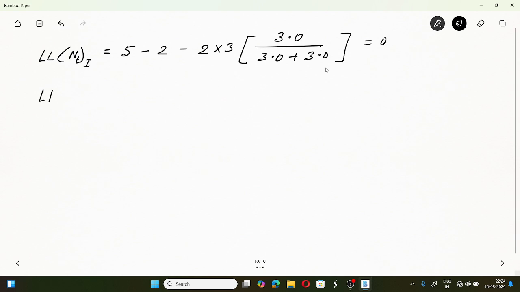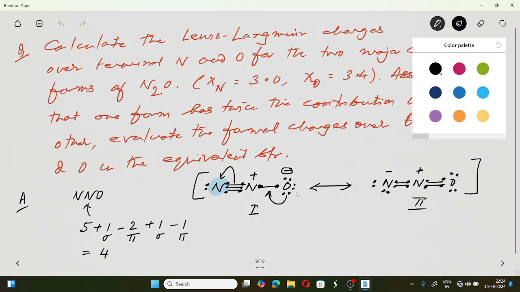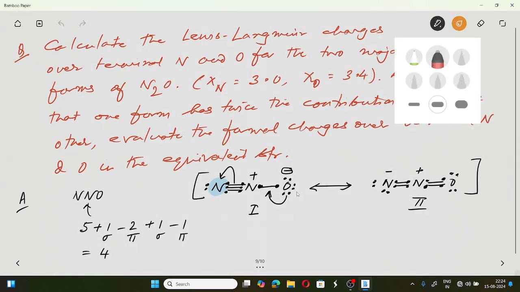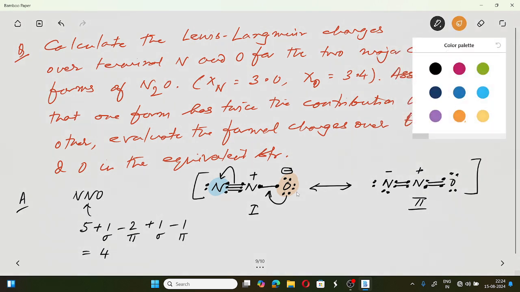So Lewis-Langmuir charge on the terminal oxygen in structure 1. The number of valence electrons of oxygen is 6. Number of electrons in the lone pair, let us check. Look carefully: the number of electrons in the lone pair on this oxygen is 6, isn't it?